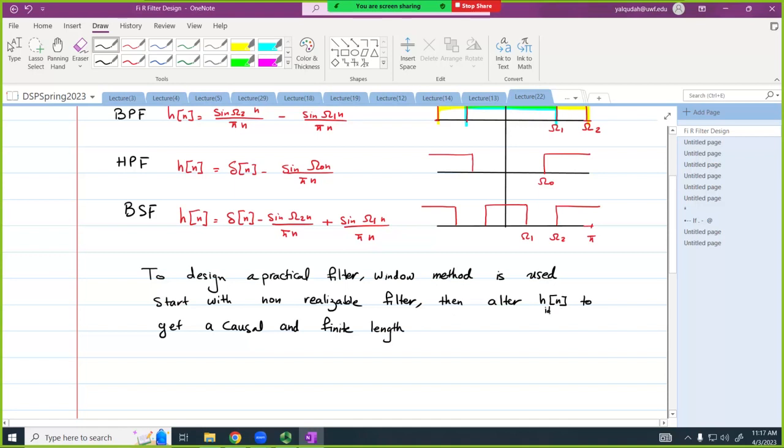Let's call this h of n ideal, to get a finite length h of n.